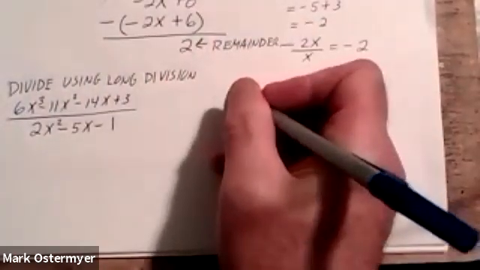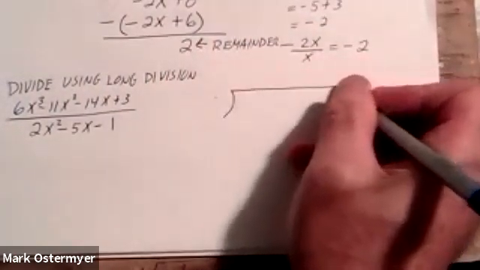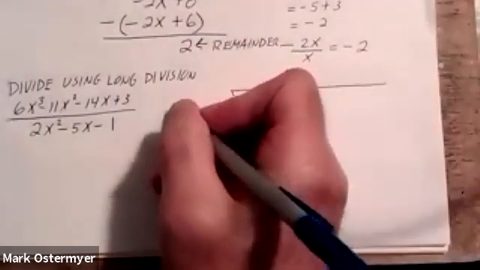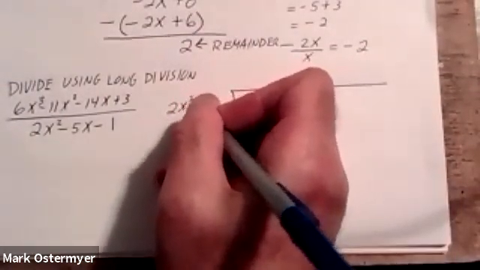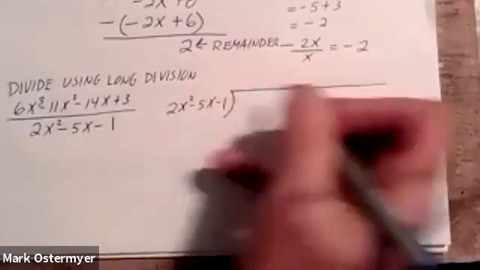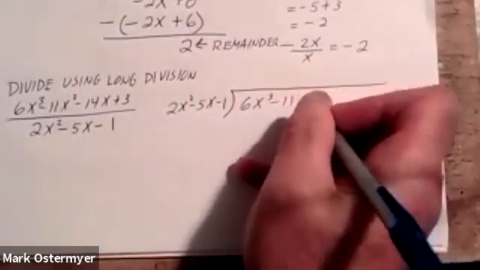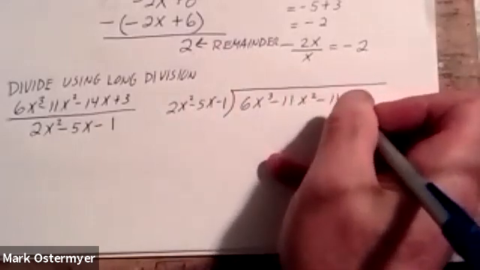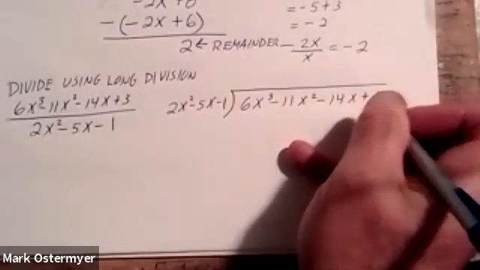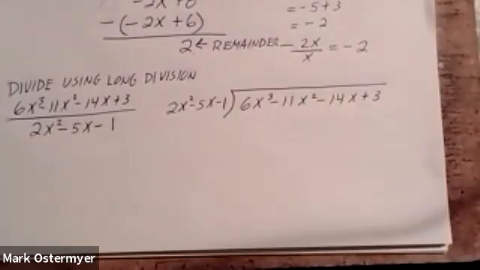So here's our long division bar. Our divisor is this 2x squared minus 5x minus 1. Our dividend is this 6x cubed minus 11x squared minus 14x plus 3. And now we're going to have to try to divide this trinomial into this polynomial.